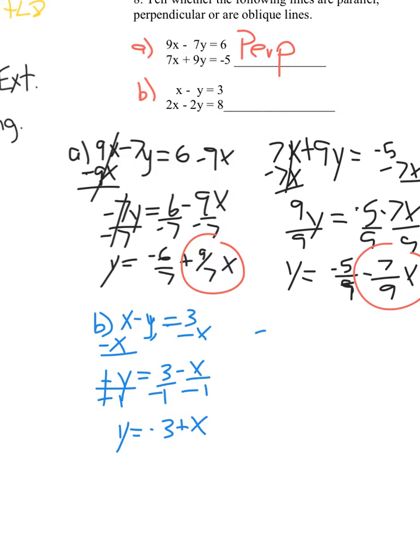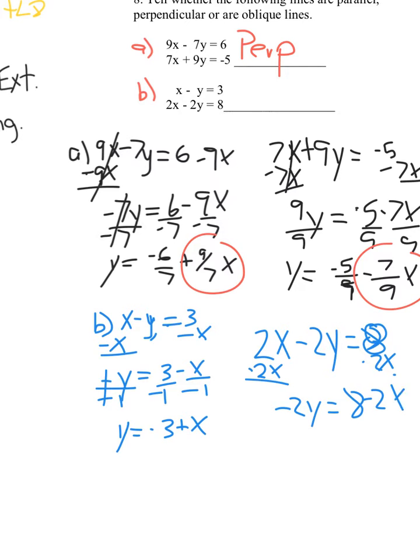Over here you got 2x minus 2y equals 8. Minus 2x, right there. So negative 2y equals 8 minus 2x. Divide by negative 2 to everything. y equals negative 4, that's a minus 2x divided by 2, and that's plus 1x.